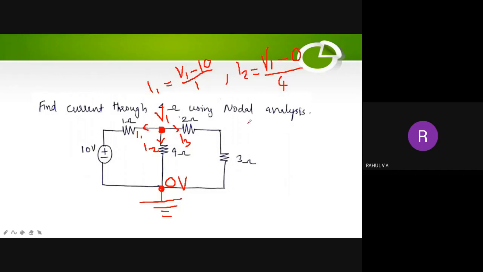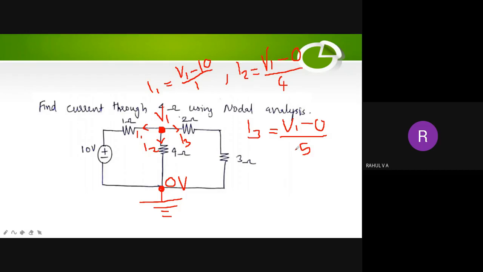Now what is current I3? Voltage divided by resistor. So what is the potential difference across, not the 2 ohm resistor, reference node and V1? So V1 minus 0, and we can consider the 2 ohm and 3 ohm resistor together, that is 5 ohm. Now we got equations for I1, I2, I3.